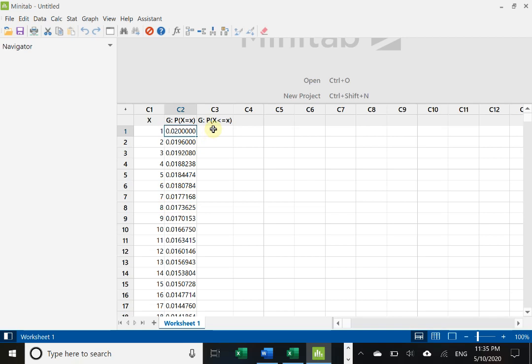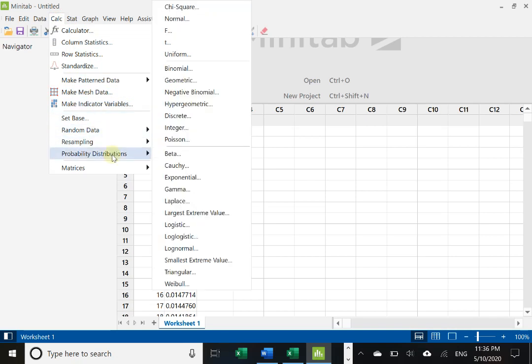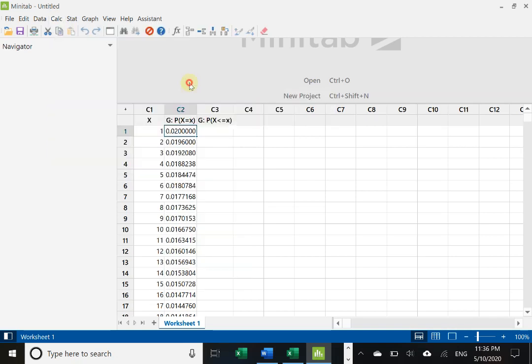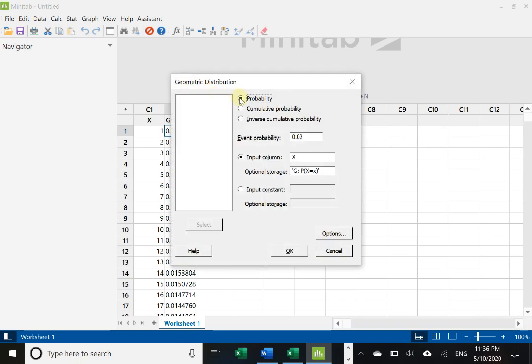Now let's do our cumulative distribution for less than or equal. So you're going to go into Calc, Probability Distribution. We're going to go to Geometric. And this time, just a moment ago we selected probability. We're going to deselect and select cumulative probability, and leave the event probability the same.